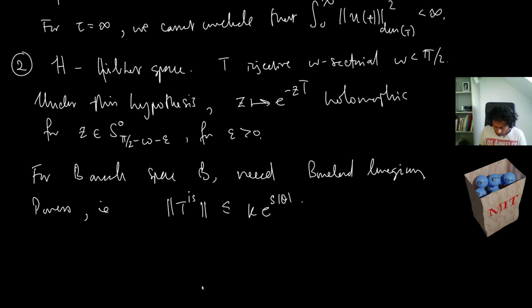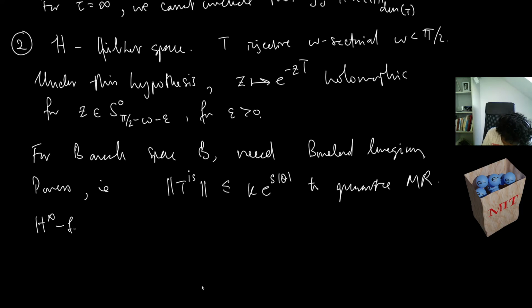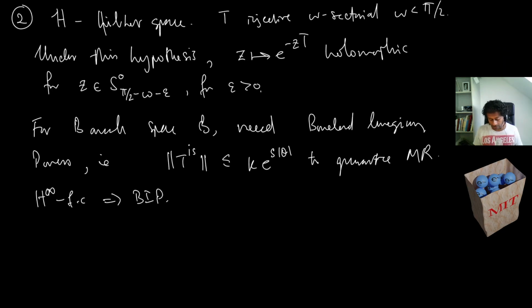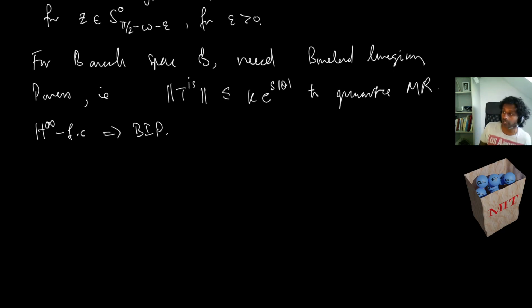So we need bounded imaginary powers to guarantee maximal regularity. But the point is that an H infinity functional calculus implies bounded imaginary powers. This is the reason I expressed it in this way, because we always have an H infinity functional calculus, and that's what's needed in general. But in this particular setting, we don't need that, right? So I just thought I should emphasize that.